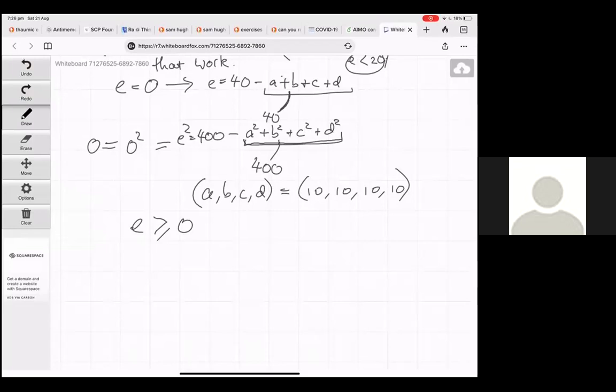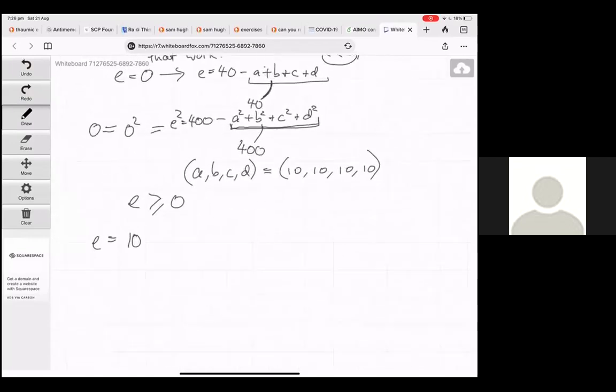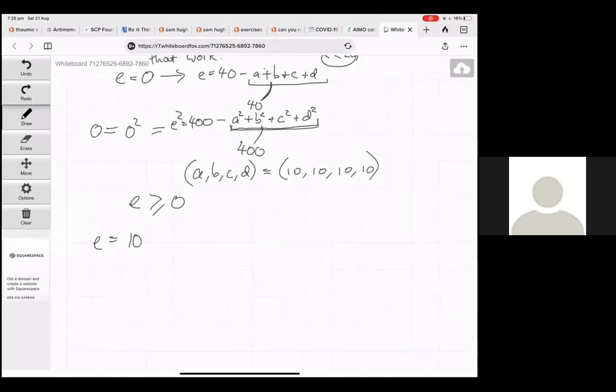So what's another nice one? E equaling 10 happens to be nice because it's kind of similar to the E equals 0 case. So if that's true, then E equals 40 minus (A plus B plus C plus D). This has to equal 30.